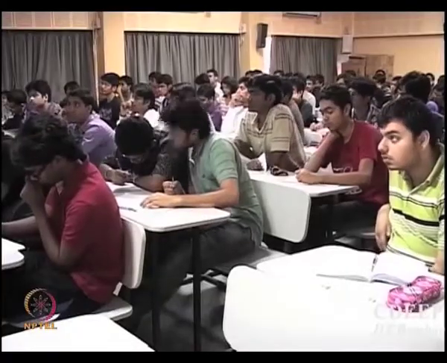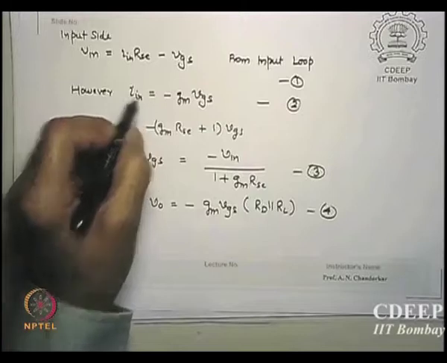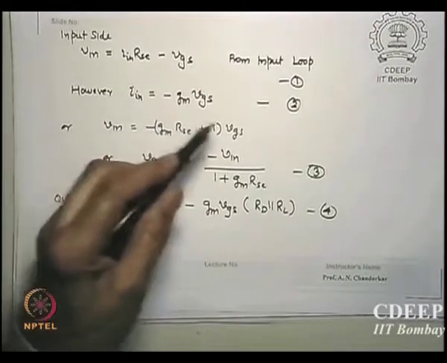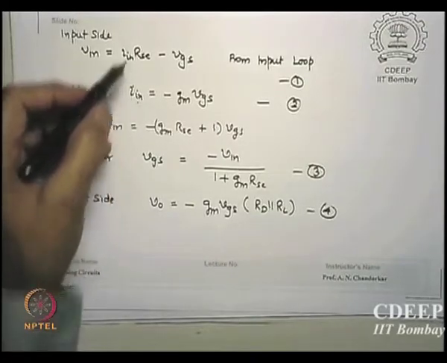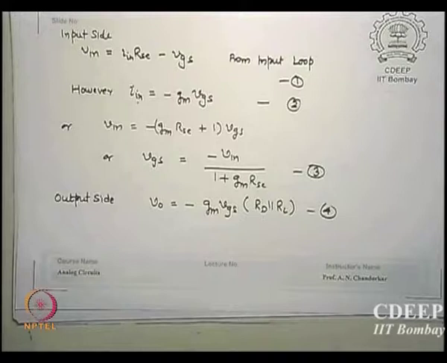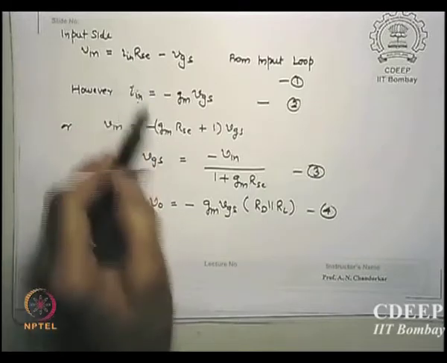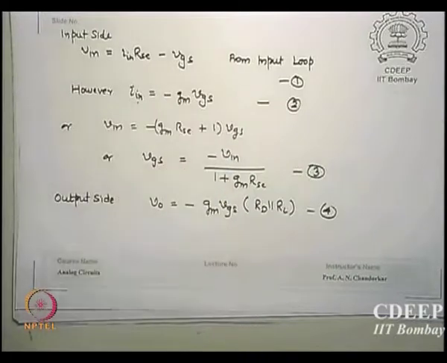So let us call it IN everywhere. But IN is minus GM VGS, and therefore I substitute this IN here. So Vn is IN RSC, I replace IN by GM VGS, giving GM RSC plus 1 into VGS. Is that okay?